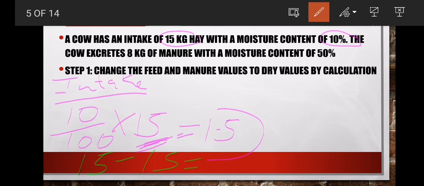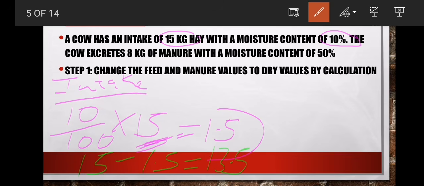You punch your calculator, you will get 13.5. This 13.5 now is our dry material intake. So we'll take the dry material intake into our formula and substitute it there. I hope you get me, people. We will take the dry material intake and substitute there, which is 13.5.